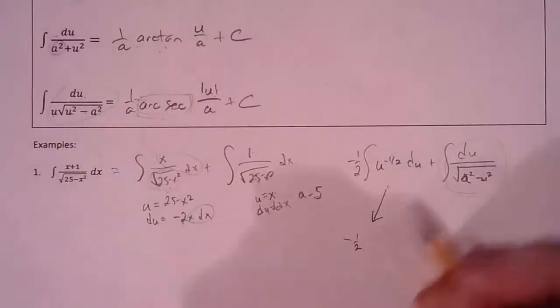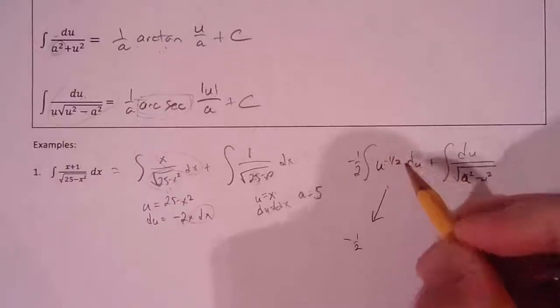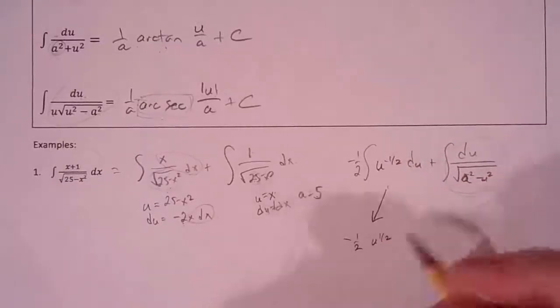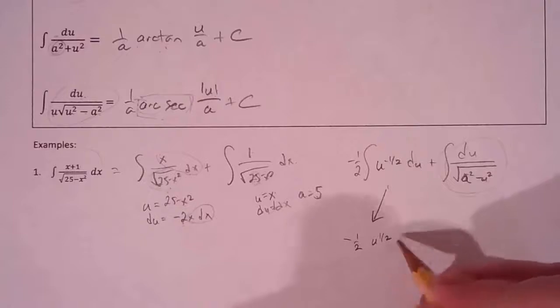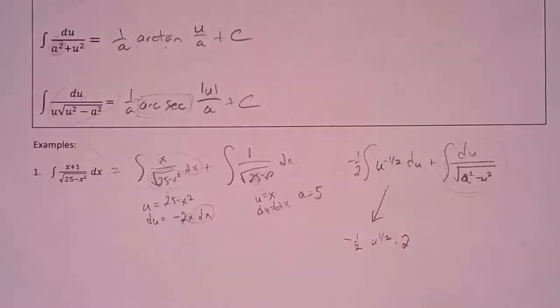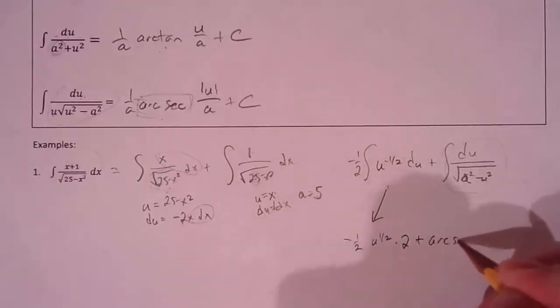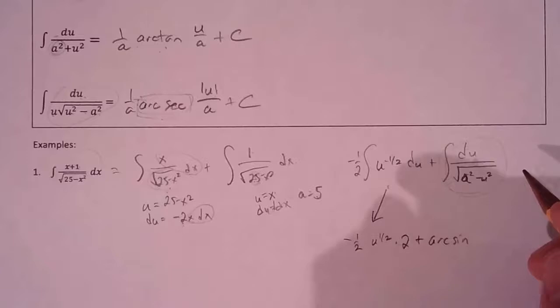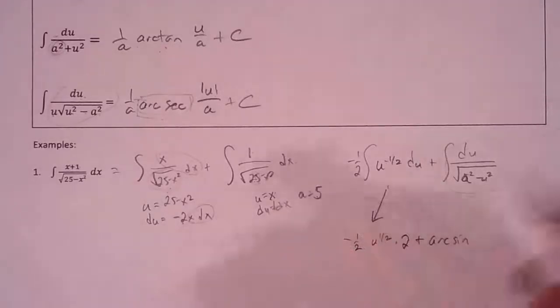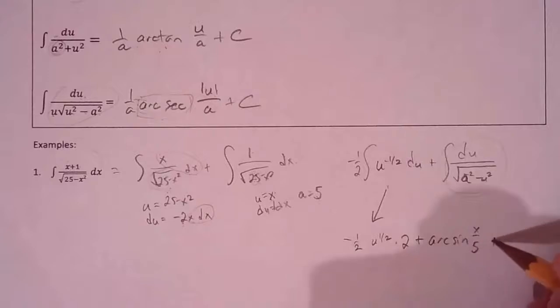Using power rule, we're going to go up a power, so that's u to the positive 1/2. If I call that over 1/2, it's the same as saying times 2. This is going to be arc sine of u over a, which would be x over 5, plus a constant.